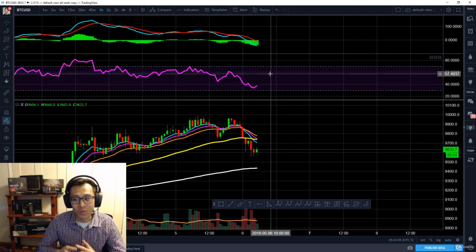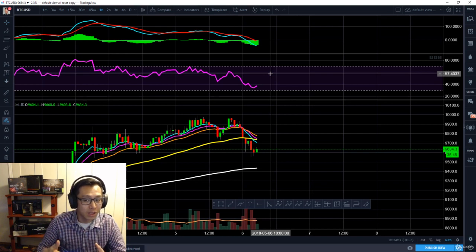Because it's doing a lot of these mathematical calculations, it doesn't always mean that when it is overbought, over 70, it will reverse. And it doesn't always mean that when it's oversold, under 30, it's going to bounce upwards. Just because it's oversold under 30, it doesn't mean that it's going to bounce up.